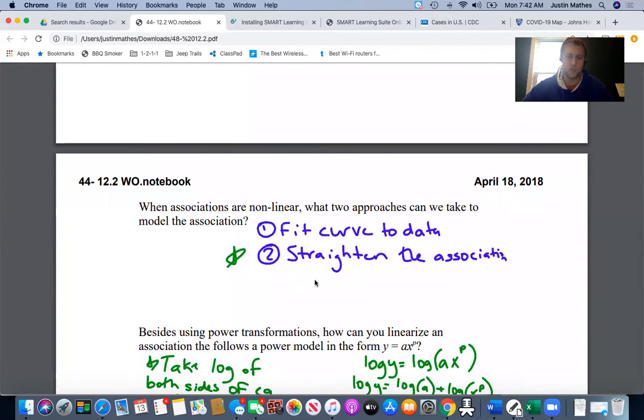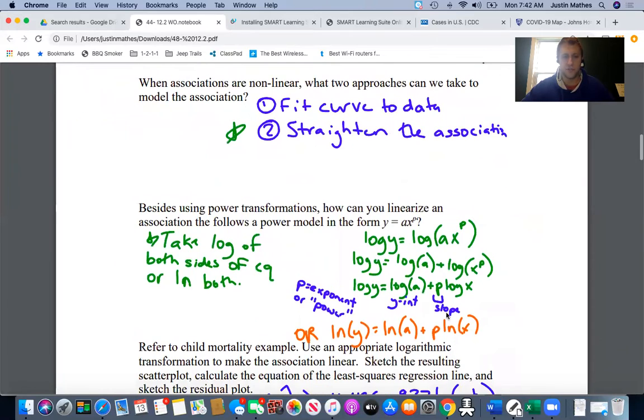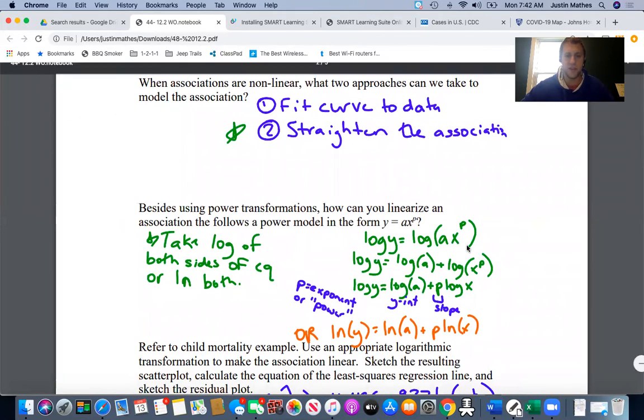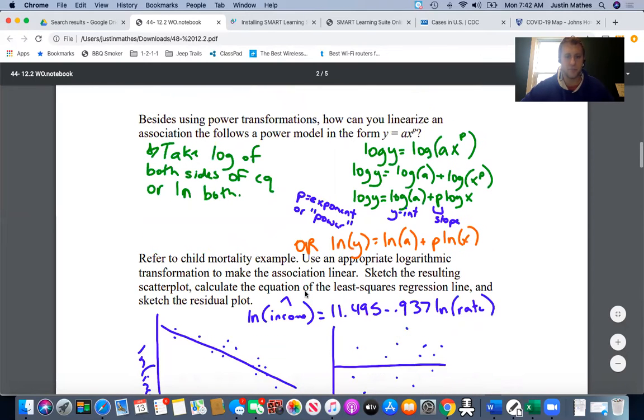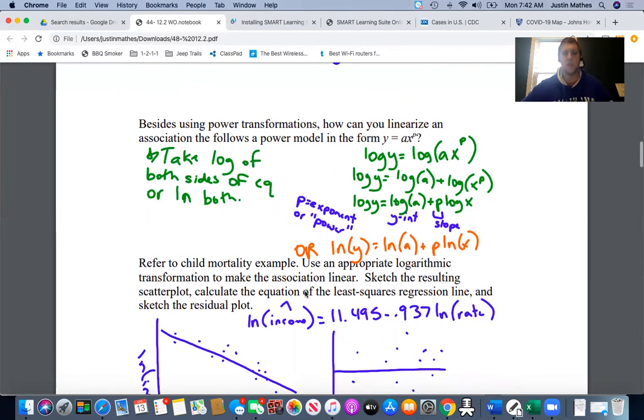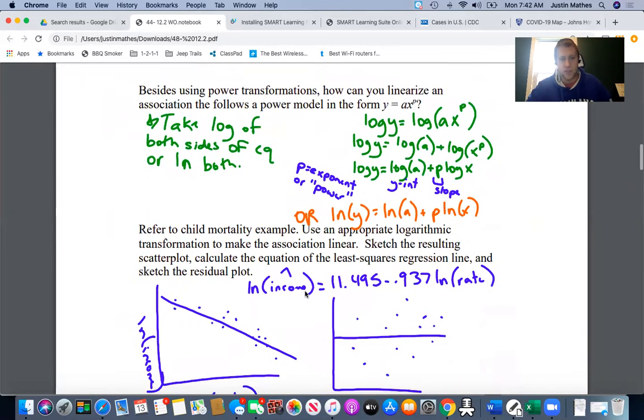So we chose to straighten the association. There's our proof from the other day, same exact proof that we wrote out in our first video. Okay, so what happens now is, in this case, it turned out to be better to log the y values and the x values. And we chose a natural log here.